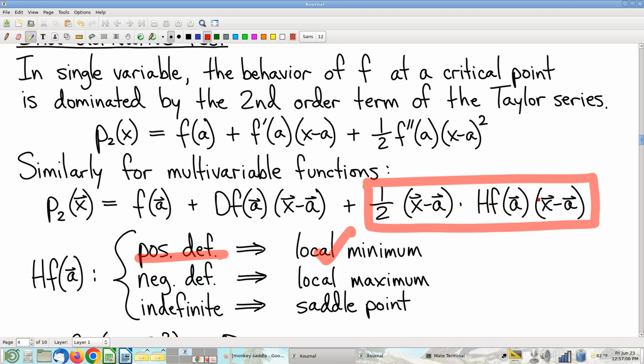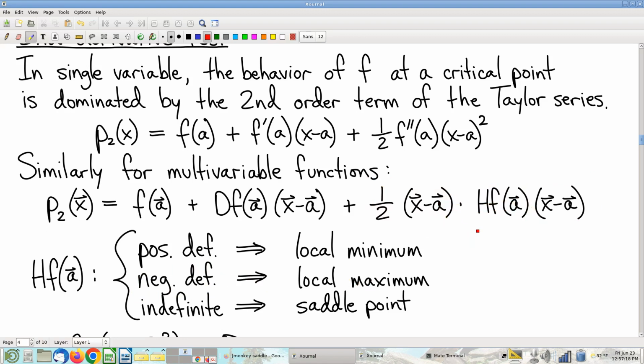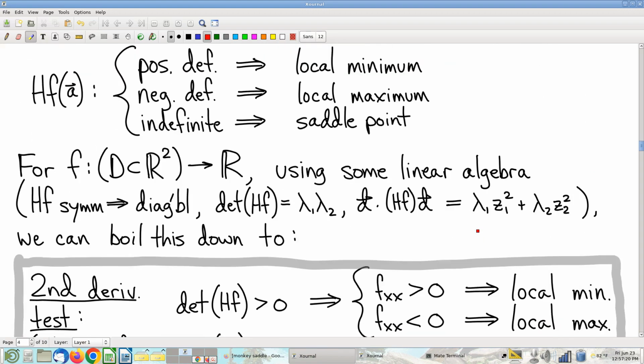And if this quadratic form were negative definite, then that would mean we have a local maximum, etc. Okay. All right, so then the big question becomes, how do I decide if a quadratic form is positive definite or negative definite or indefinite? And there's a bunch of rules for that, and this isn't Math 218, and I don't want to go off into the weeds, but there is something special to be noted.